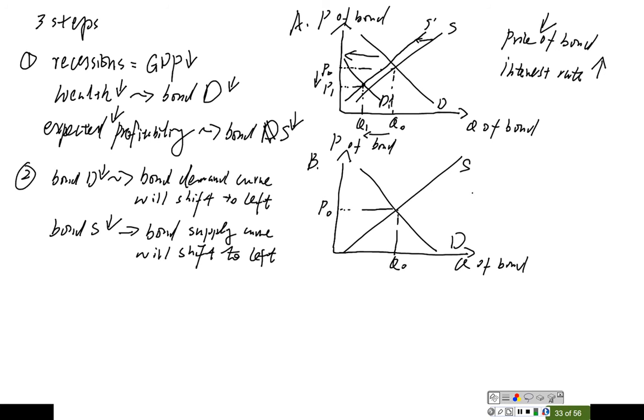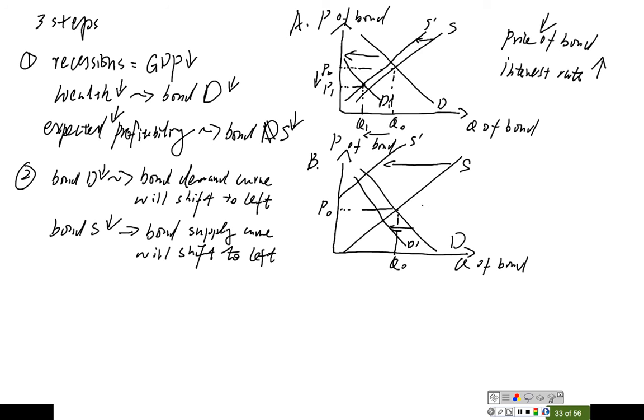Okay, so that's the basic setup. In this case, the bond supply curve still shifts to the left, but we assume it shifts to the left a lot. But the bond demand curve only shifts to the left a little bit.